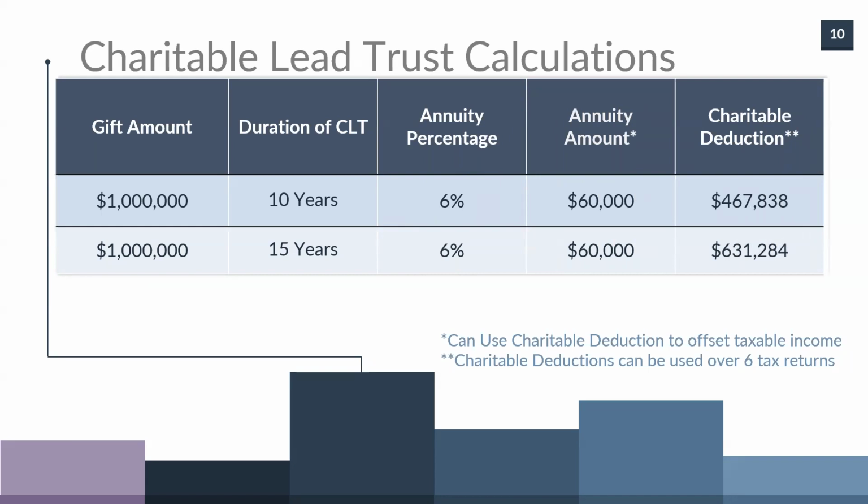If we add that extra 5 years on there, so we change it from a 10-year charitable lead trust to a 15-year lead trust, that increases our charitable deduction to $631,284. Now, let's think about what our client's going to look at here. They put $1 million in. They're going to have that money invested.